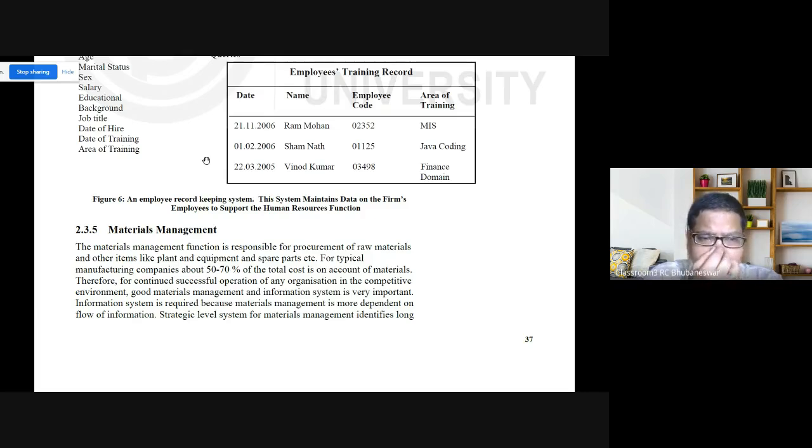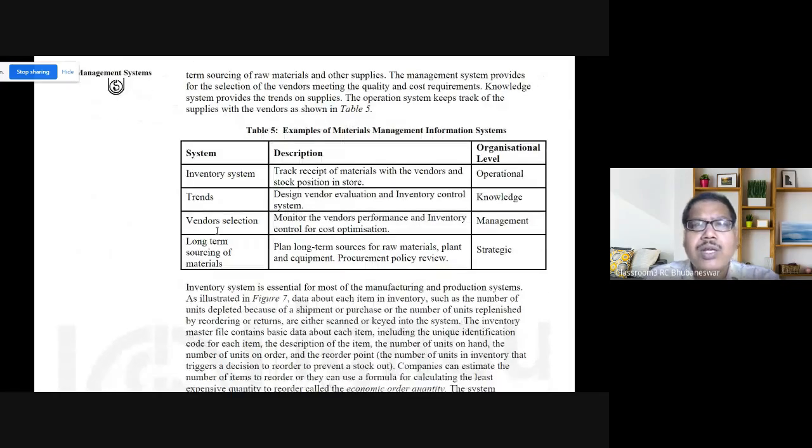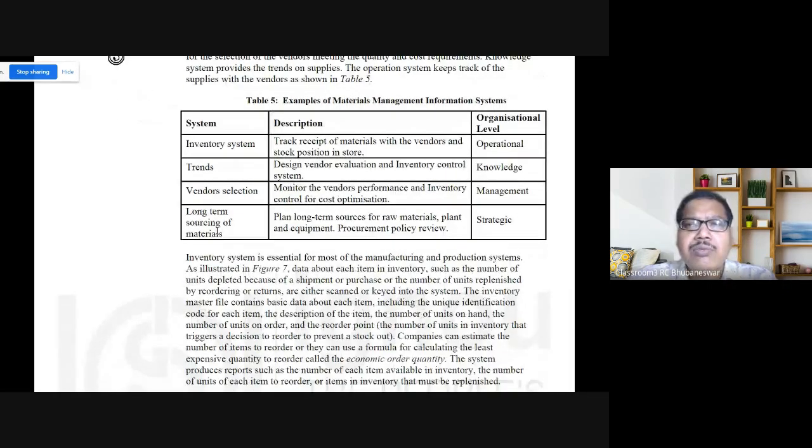Therefore, we are supposed to go for different successful operations from time to time, so that we can know what kind of material management information system I will require, based on which I can procure the raw materials before I need them.